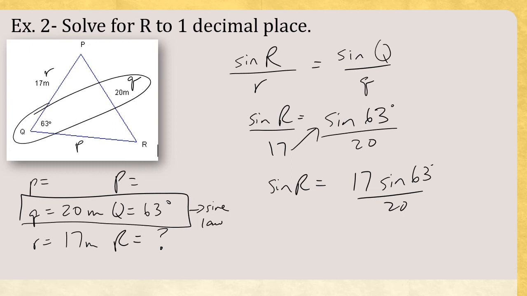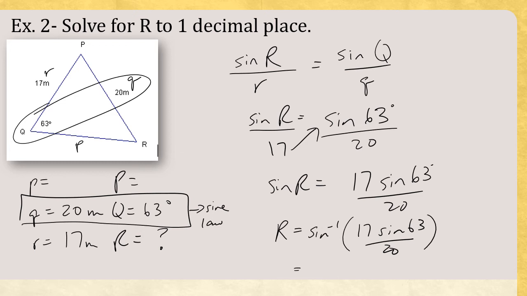To show your steps on, say, your test, you would write R equals sine inverse of 17 sine 63 over 20, and put it in brackets. Don't ever hit clear. Don't round these numbers. Rounding does make a difference when it comes to trig. So clear your calculator right now.